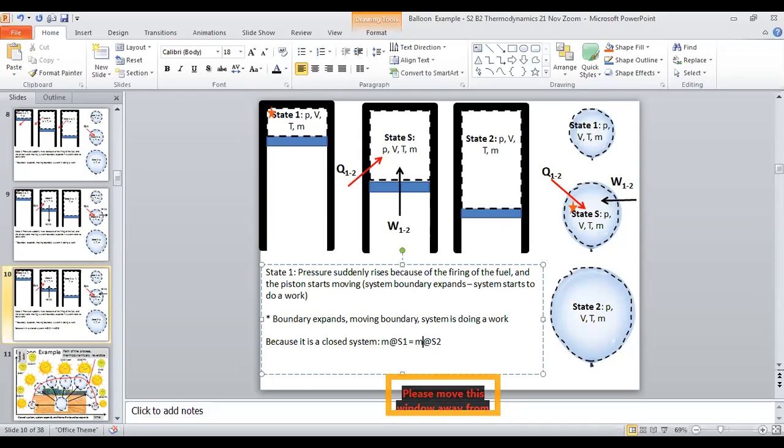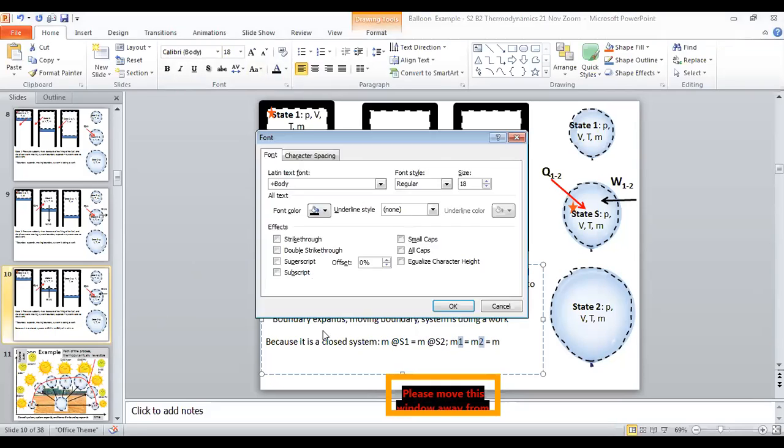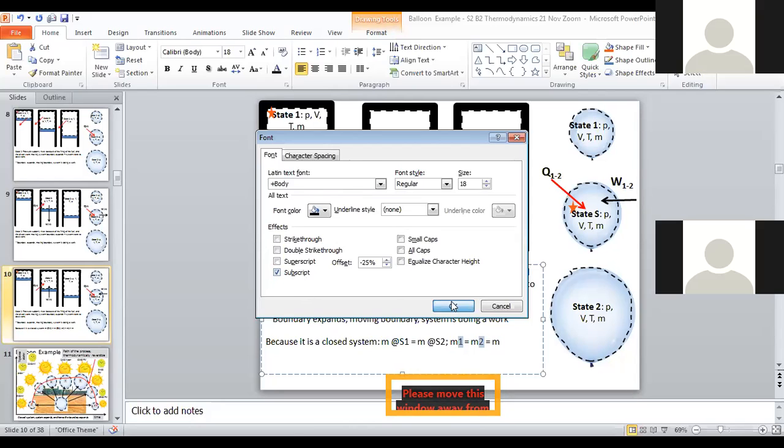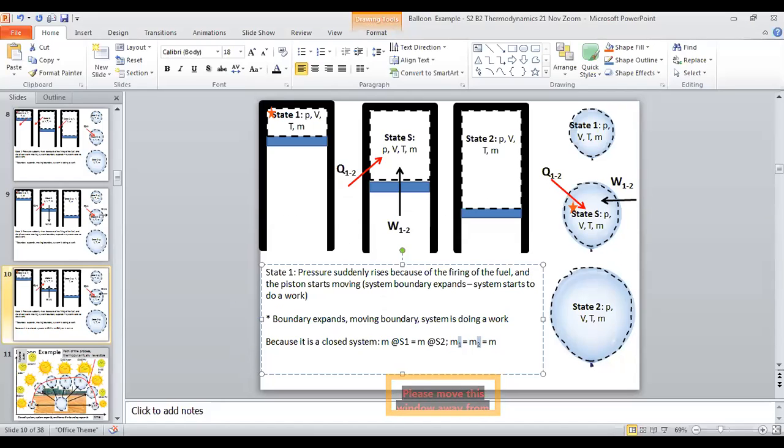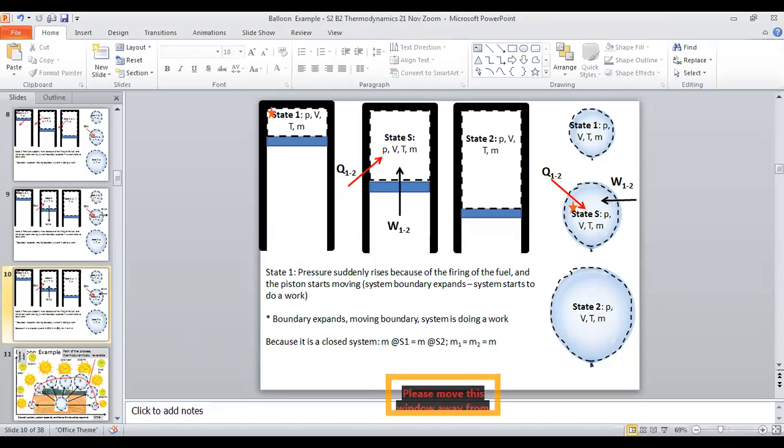So we can write M1 is equal to M2 is equal to M. That is okay. So 1 and 2 you can put as suffixes.